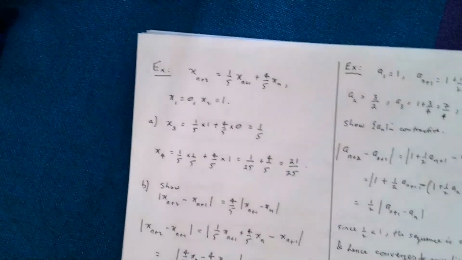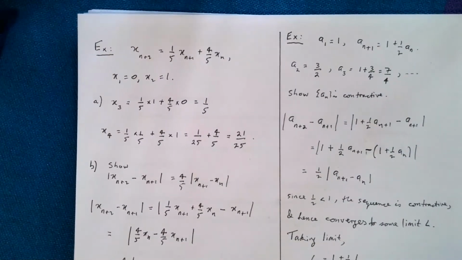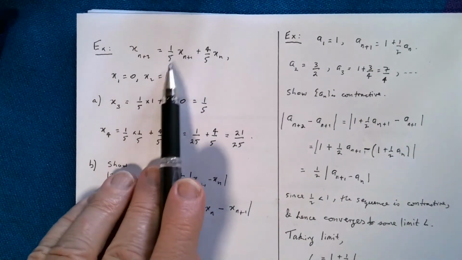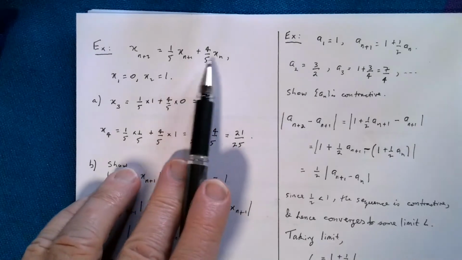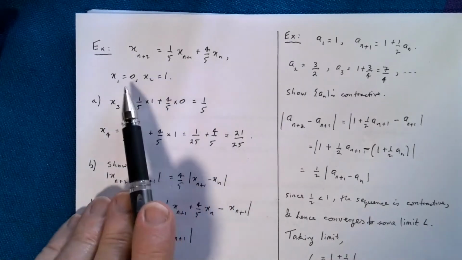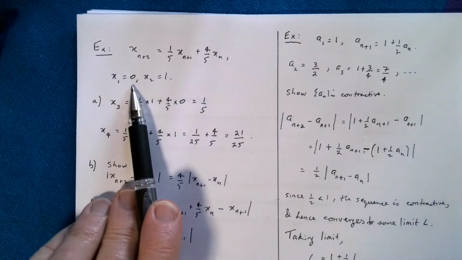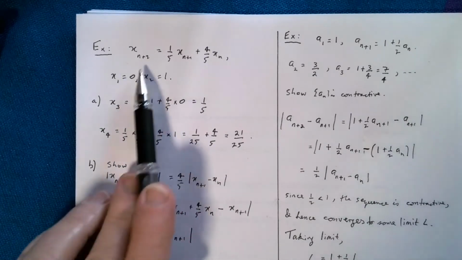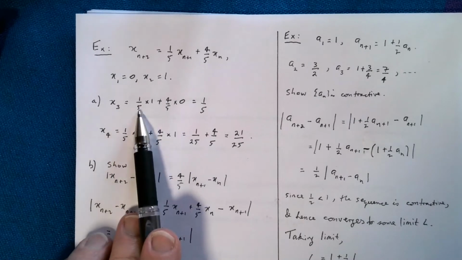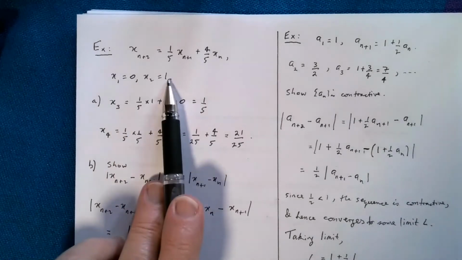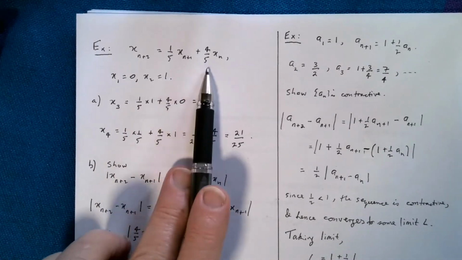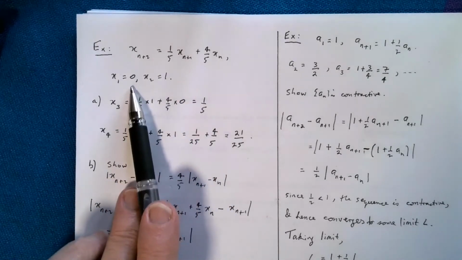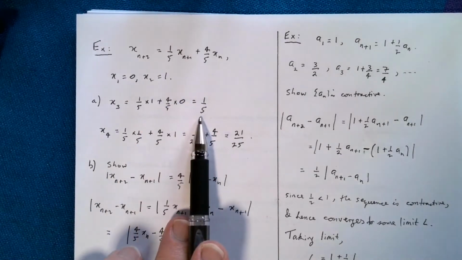So here's our sequence. x_{n+2} is 1/5 the term before plus 4/5 the term before that, and there are our two initial conditions. For x3, I'm just putting n equals 1 into here. So it's going to be 1/5 times the previous term plus 4/5 times the term before that, and that's just 1/5.